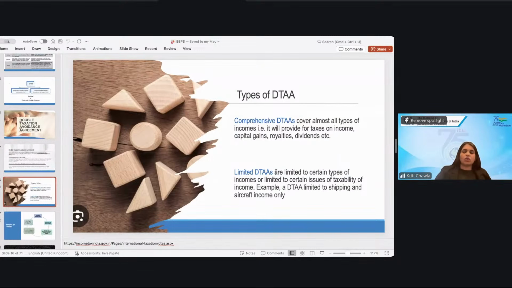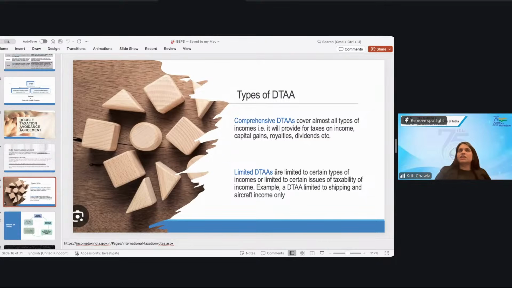And then there is something called as a limited DTAA. Limited DTAAs are very, very limited to certain types of incomes. Let's say the DTAA that is signed between India and Pakistan. It is actually limited to, let's say, aircraft income only. So it's going to resolve double taxation only when it is to that particular extent. So these are very limited in that they will resolve double taxation only when it goes to certain issues of taxability of income.